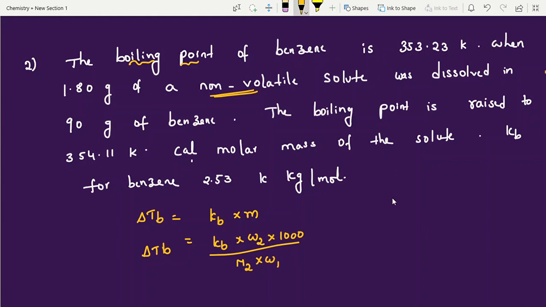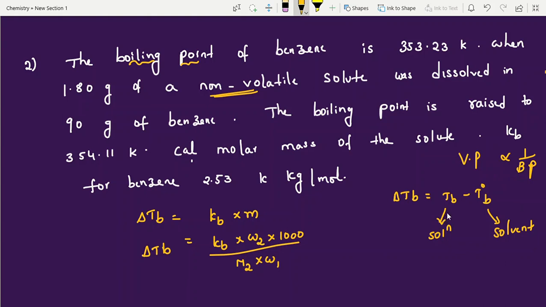Actually delta T, what is the formula we have to calculate? TB minus T naught B. Vapor pressure is inversely proportional to boiling point. In the above case, vapor pressure of solution decreases, which means boiling point definitely increases.